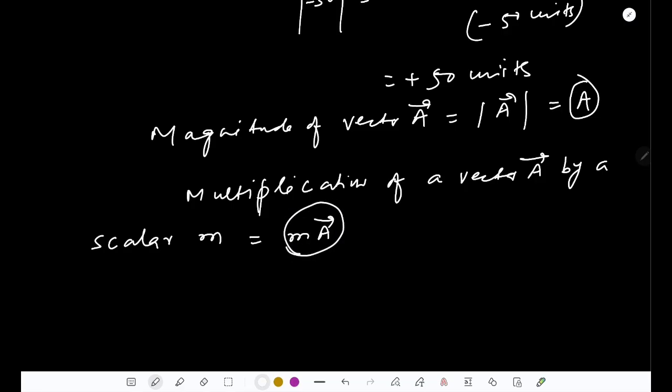A vector multiplied by a scalar. What is it? It is a vector basically.